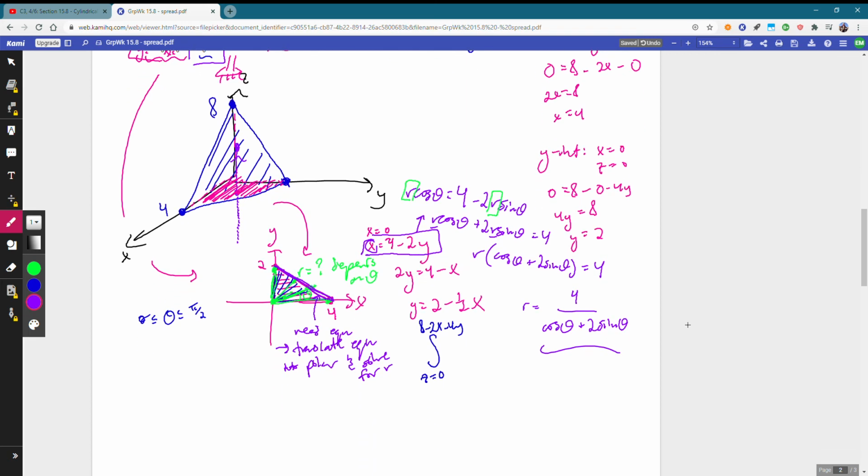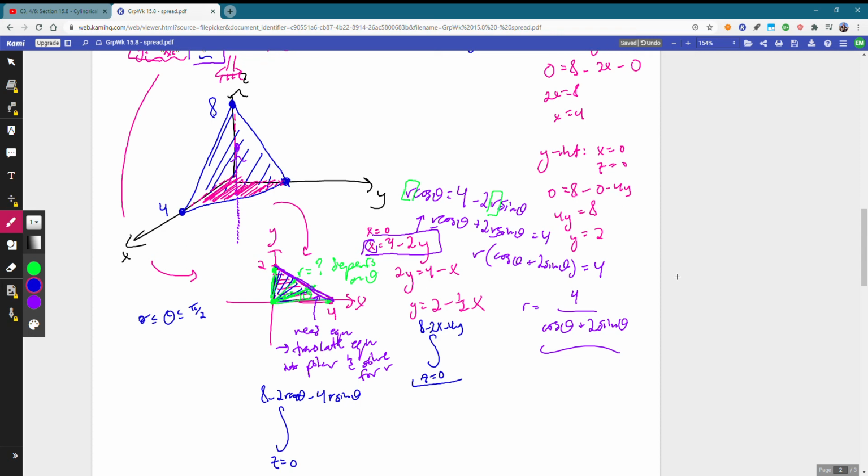And so with that, we can put our full integral together. We've already found our inside-most integral. We're moving z from 0 to 8 minus 2x minus 4y. And let's actually right away swap out x and y for what they are in terms of polar. So minus 2r cosine theta minus 4r sine theta.